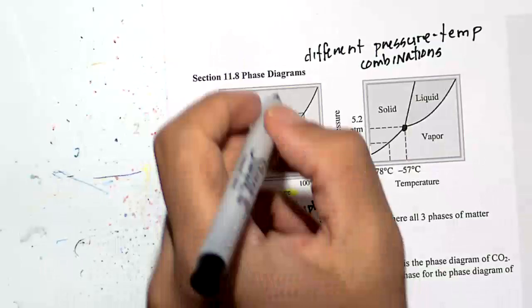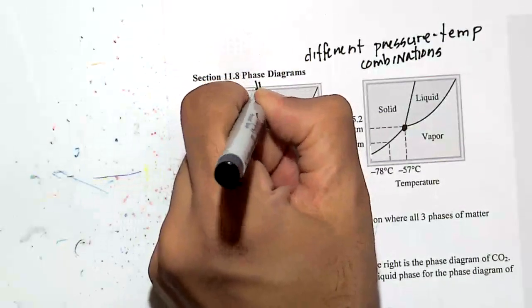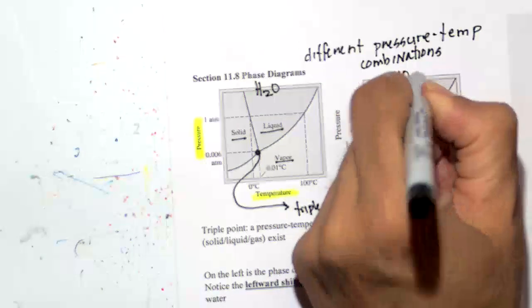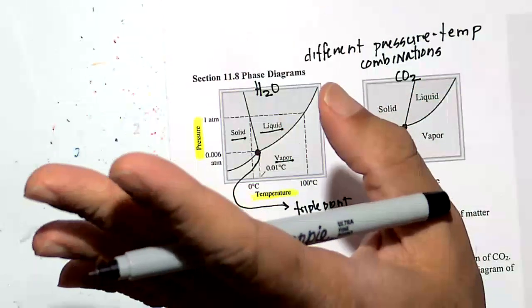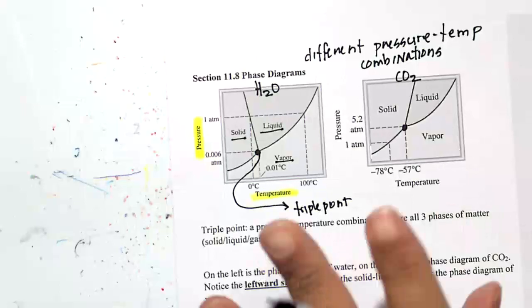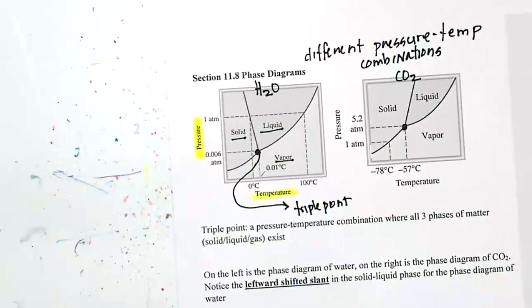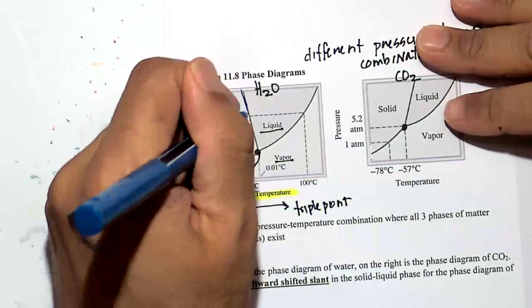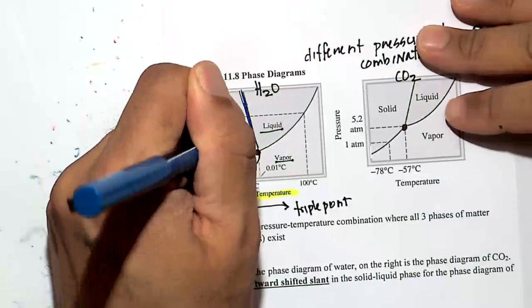Solid, liquid, and gas all coming together. Now here on the left, this is water. And then here on the right is actually CO2. Every phase diagram will be different for every substance. Okay? This I got from your book. All right, and there are some pressure temperature combos where you straddle the line between solid and liquid.